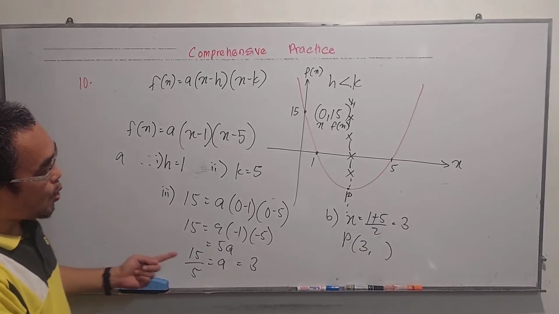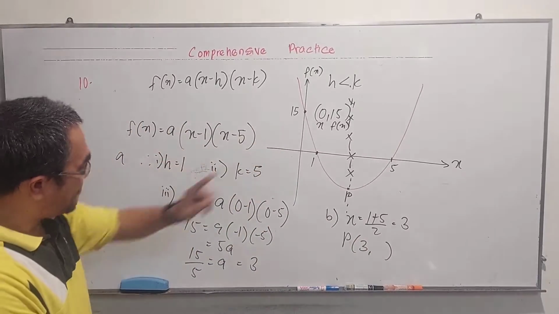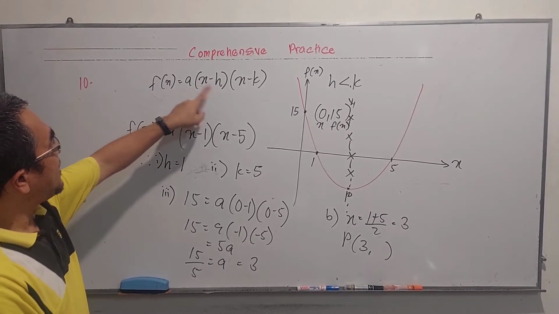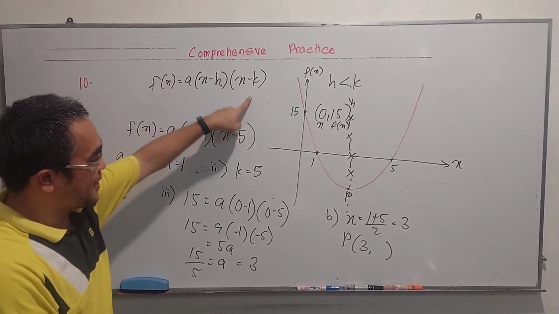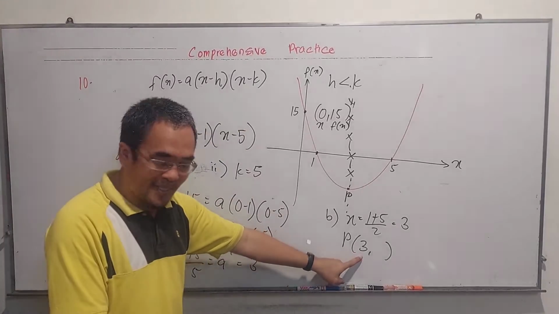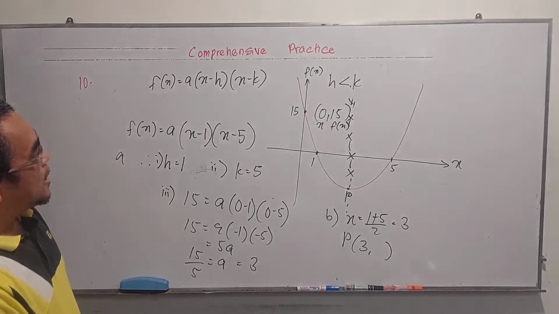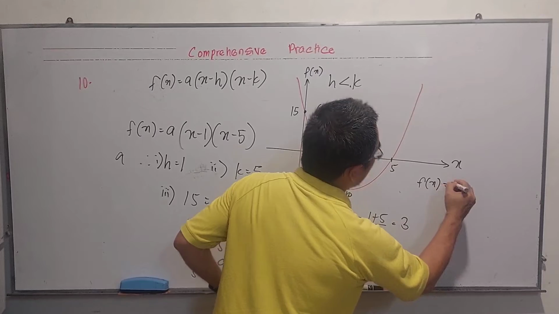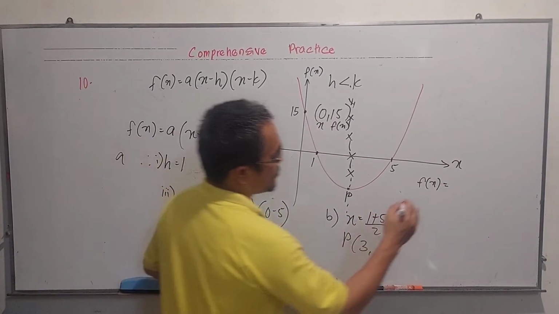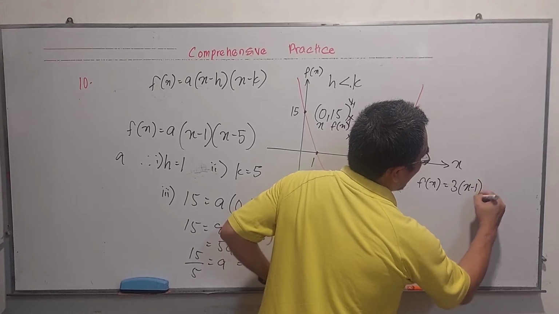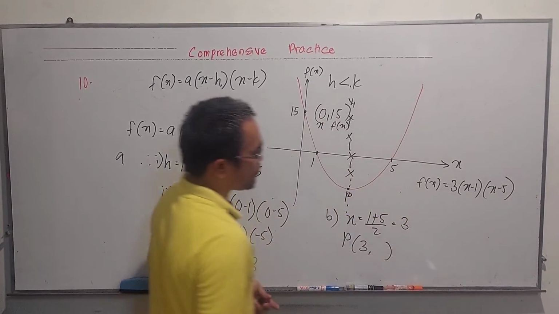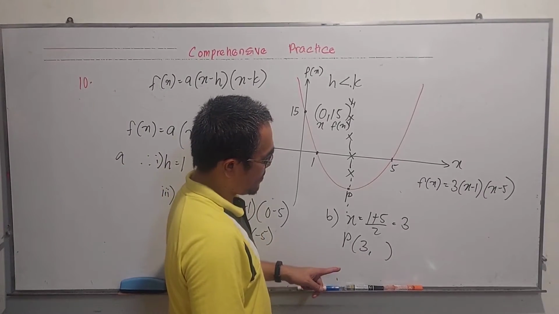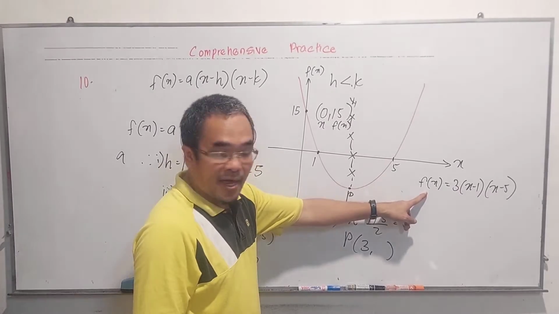To know the y, the minimum value, you should replace everything here, meaning a, h and k, then replace x as 3. So I will rewrite f(x): f(x) equals 3(x minus 1)(x minus 5). You can write f(x) or y, no problem. Keep it as f(x).